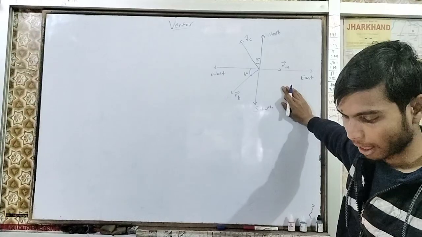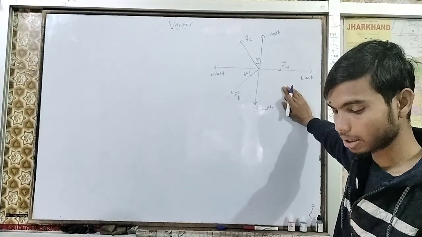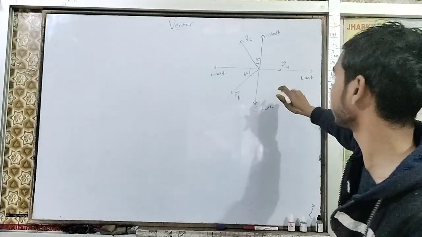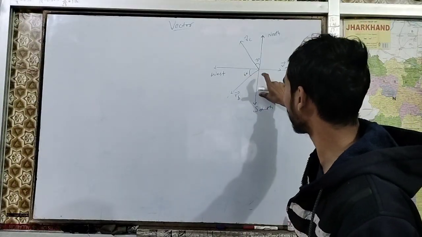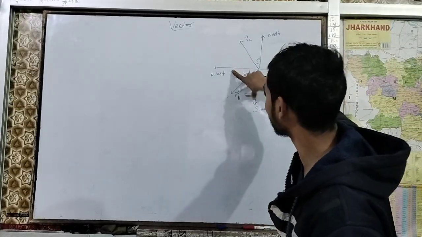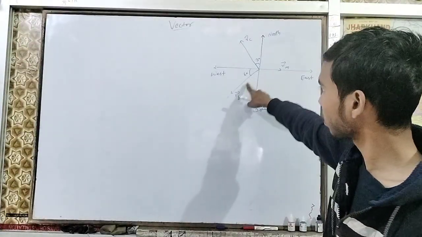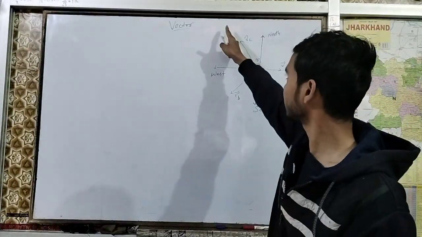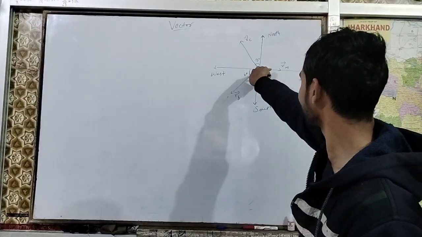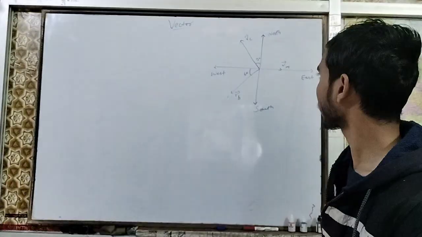Clear? While a bus is traveling on another road which is 60 degree south of west, meaning south of west by 60 degree. This bus is going in this direction, and Vijay is walking in the east direction with some velocity. Clear?